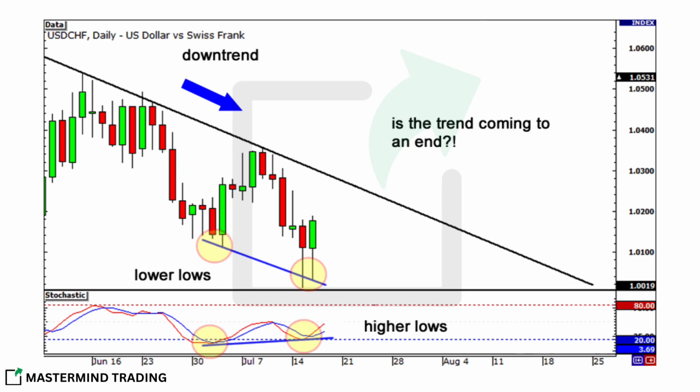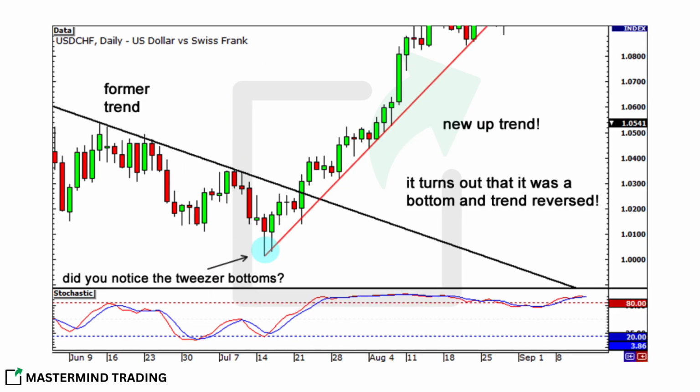Now in this illustration you can see price making lower lows while the indicator is making higher lows. And then you can see from the follow-up right here, price just broke through and moved in the direction of an uptrend.